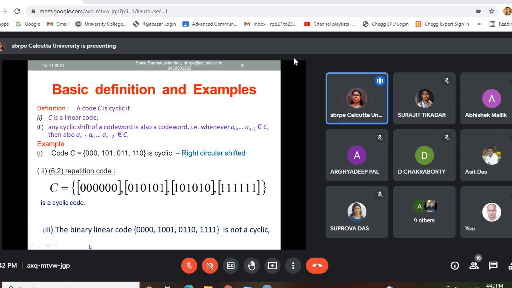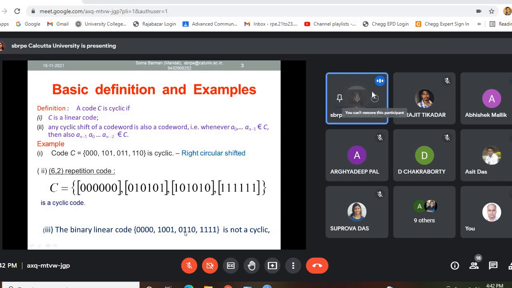Okay. Now if I consider this code 0, 0, 0, 0, 1, 0, 0, 1, 0, 1, 1, 0, 1, 1, 1, 1. Now if I shift this thing, so 1 is circularly shifted, that means 1, 1, 0, 0. So this is not contained within your code.